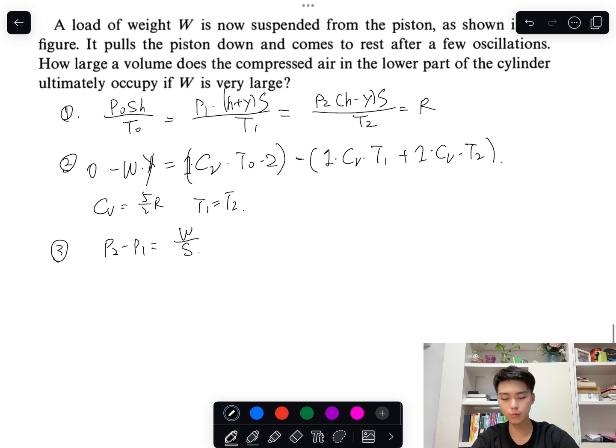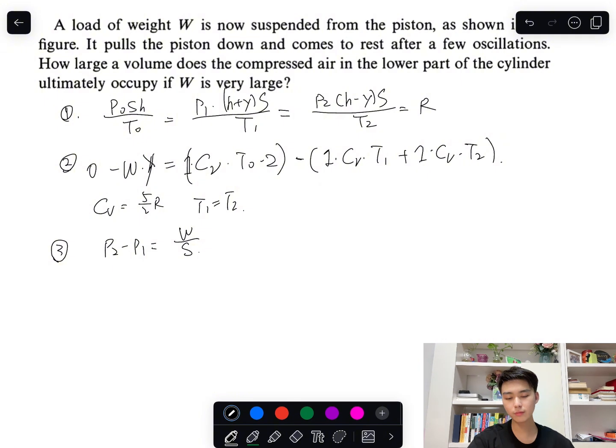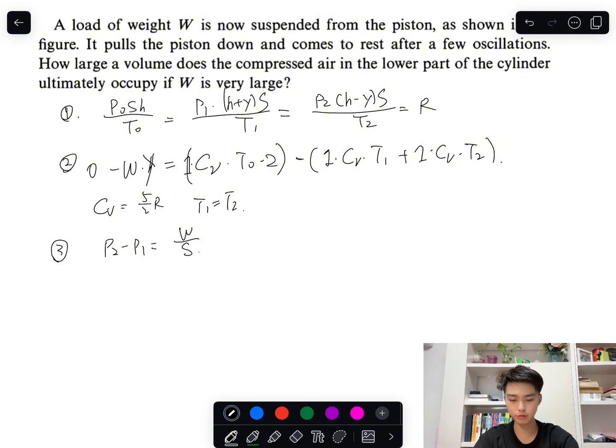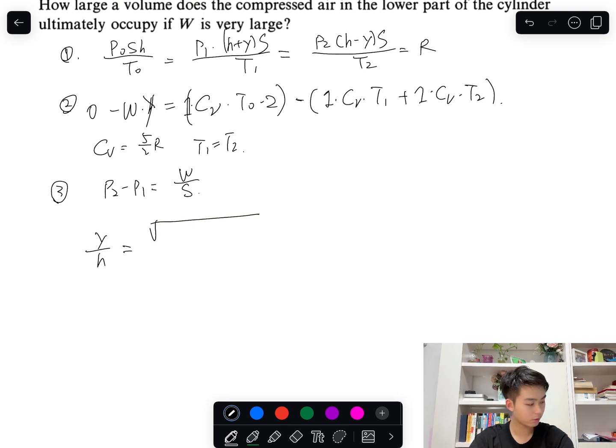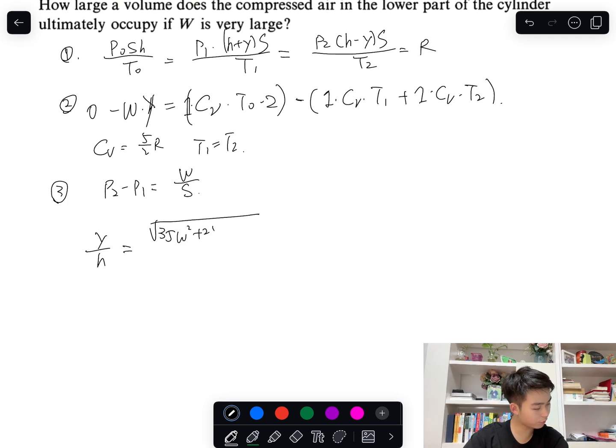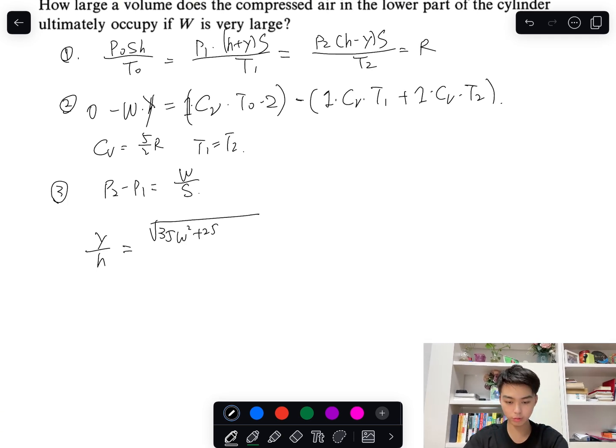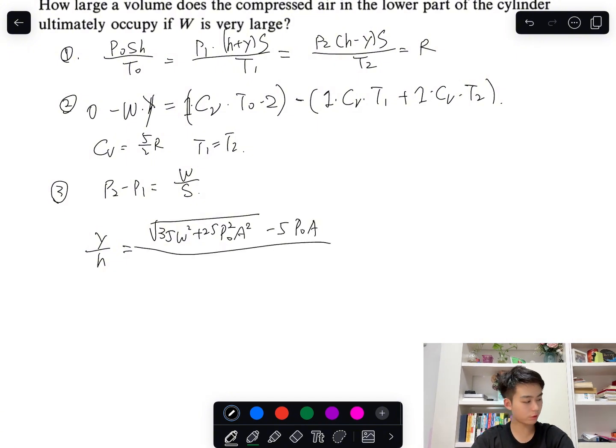Equating them together, we eventually get Y over H equals (35W squared plus 25 P0 squared S squared minus 5 P0 S) over 7W.